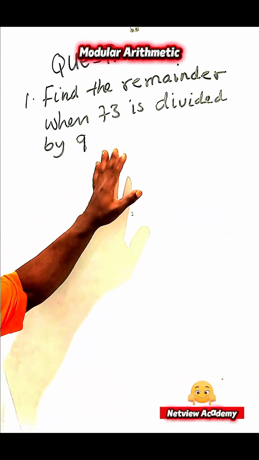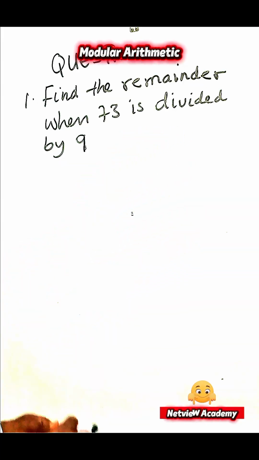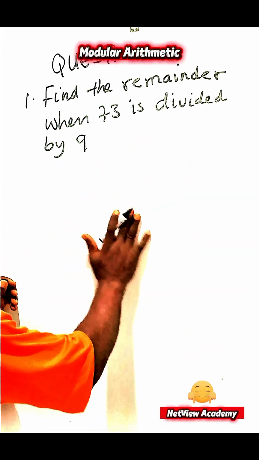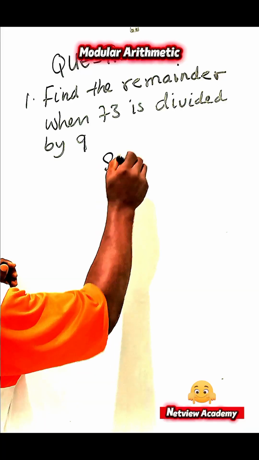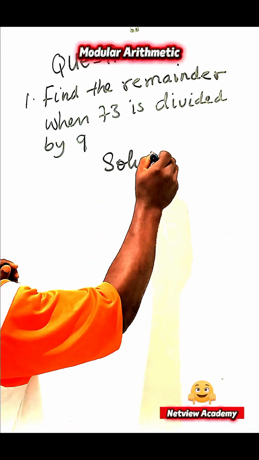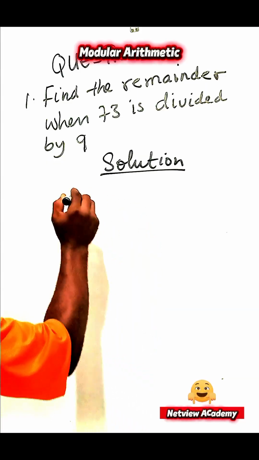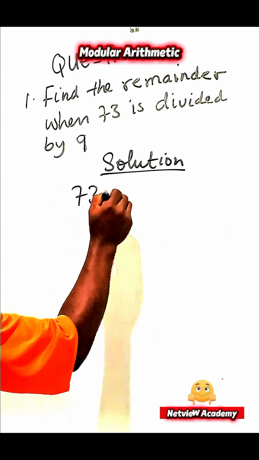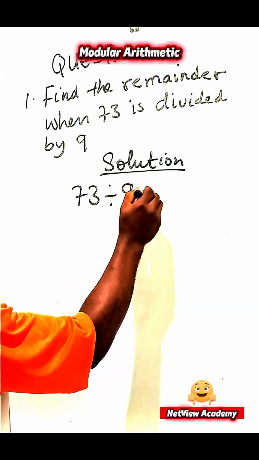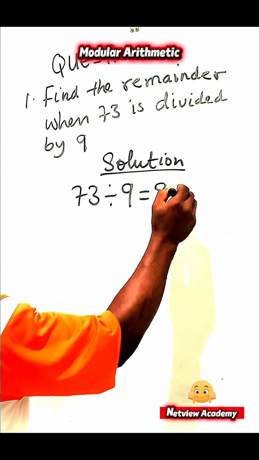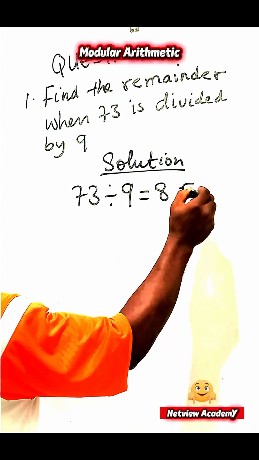Find the remainder when 73 is divided by 9. Solution. 73 divided by 9 is equal to 8 remainder 1.